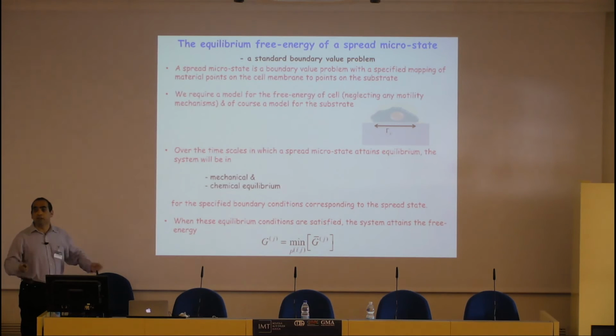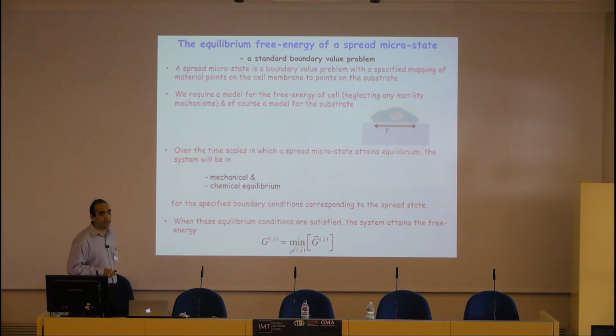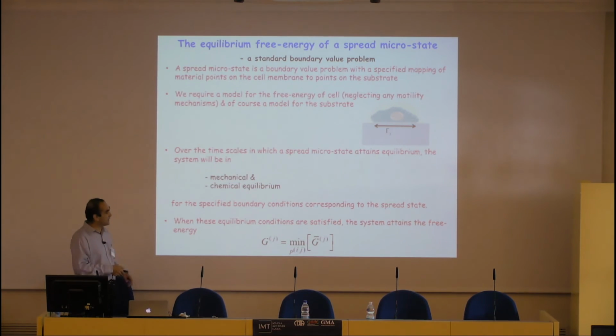And you get the minimum Gibbs free energy solution. So you do this in a standard mechanics way, and you solve this multi-physics problem, and you get yourself the minimum Gibbs free energy solution. Okay, you've got that, but you've got that for one particular spread microstate, basically, right? For one particular spread microstate, it's telling me this is my minimum Gibbs free energy solution.